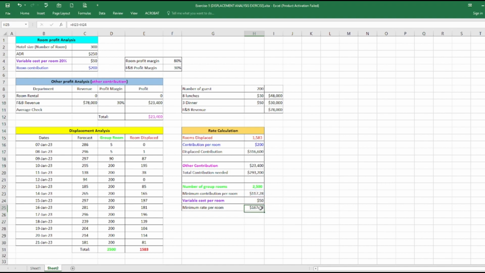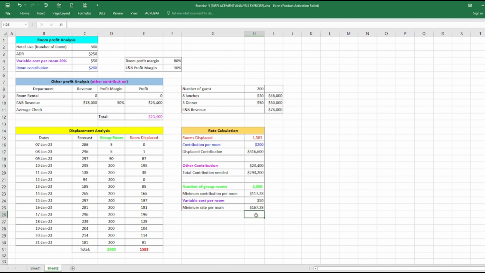So the minimum rate that we can take is 167. As you see, the group's maximum budget is 180 US dollars. So with this calculation, we surely can take the group.